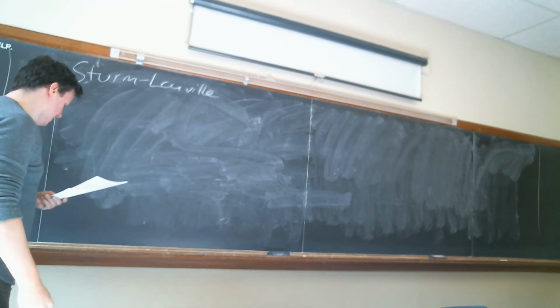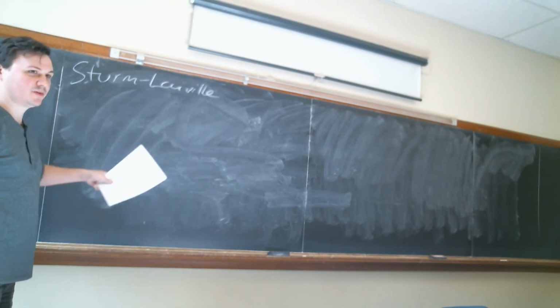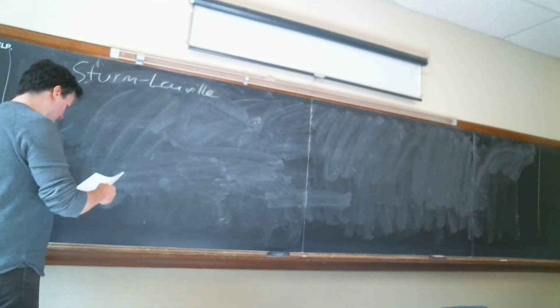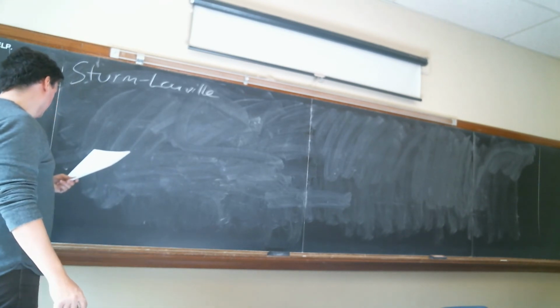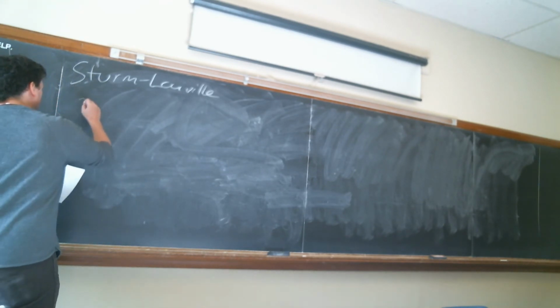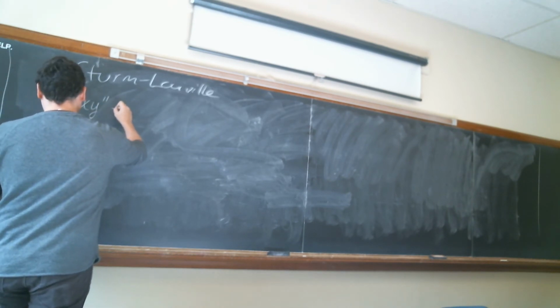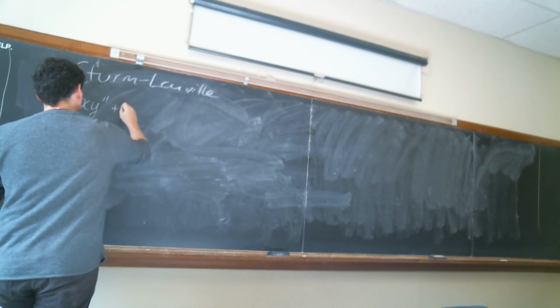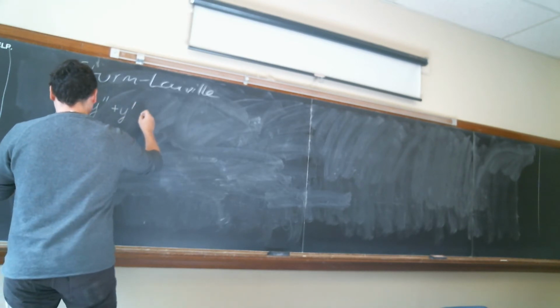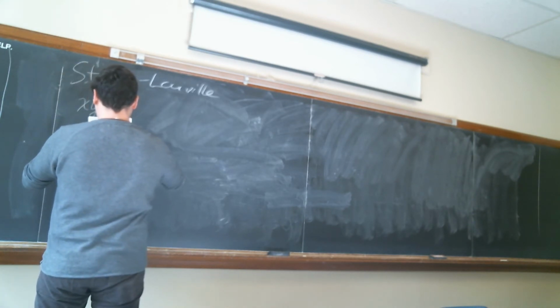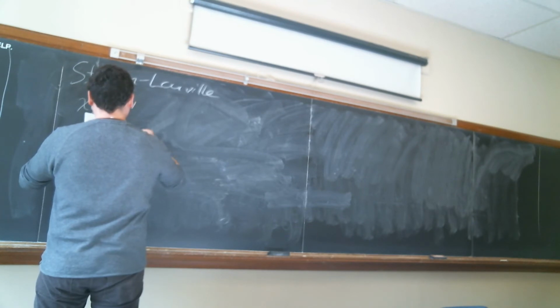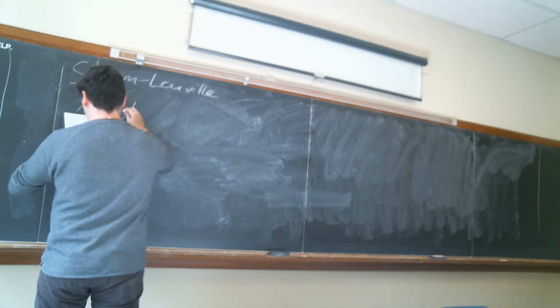So it's one of those guys who's up there with like Green and Euler. All right, where's my equation? So for a problem like this, you'll get some kind of equation.